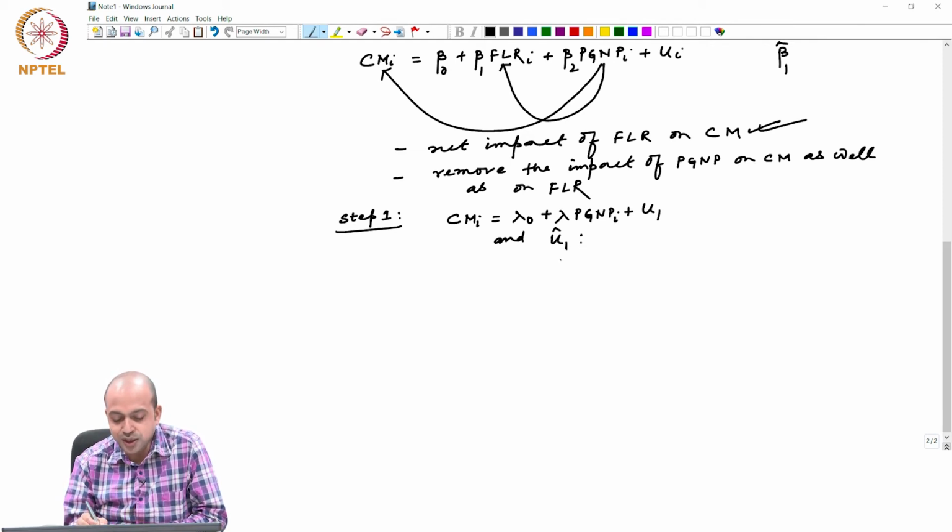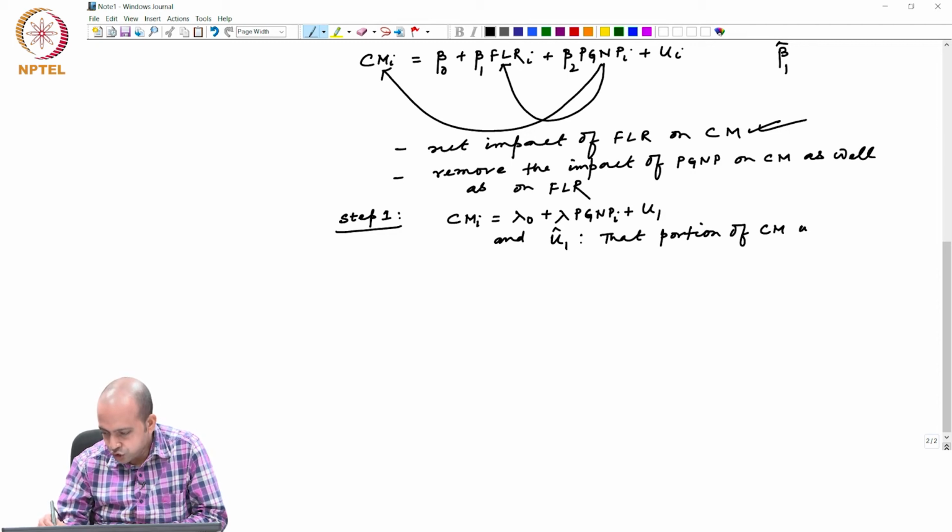So, U1 hat indicates the unexplained portion of CM which is unexplained by PGNP.